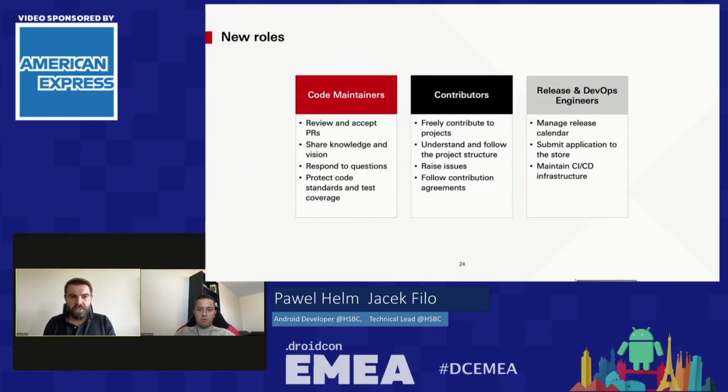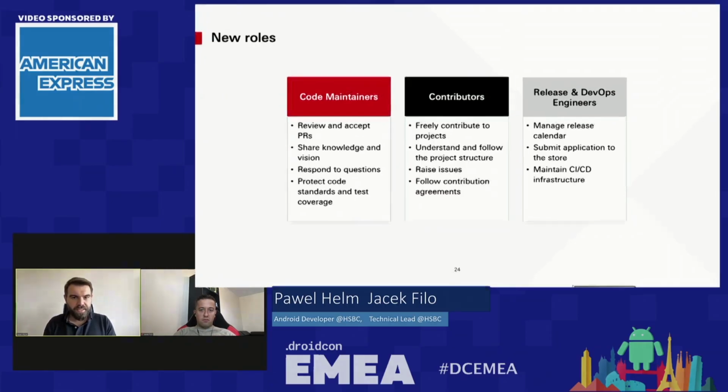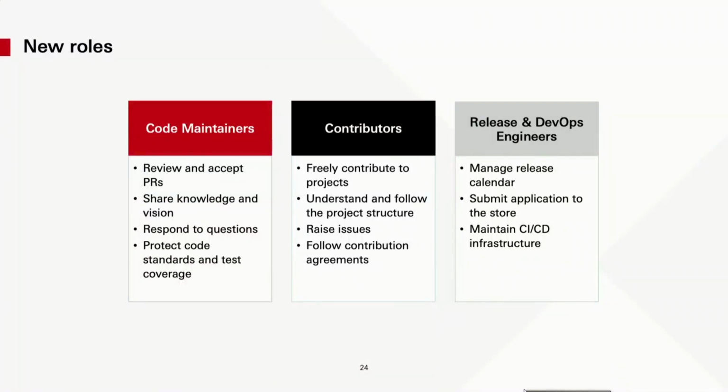So now let's talk in more details about these new roles, which I mentioned. First of them is code maintainer, and it's a fundamental role when we consider inner source. Code maintainer has very responsible job to do because he has to review and accept all PRs before they are merged.